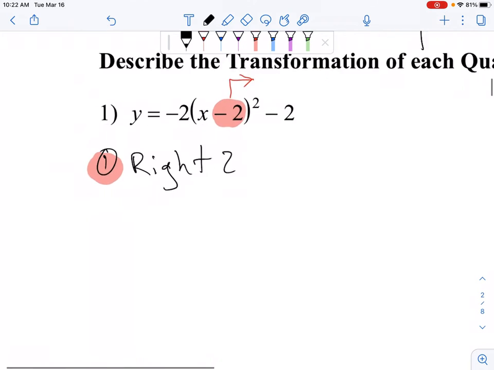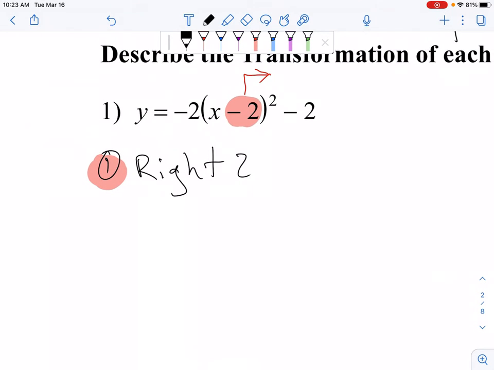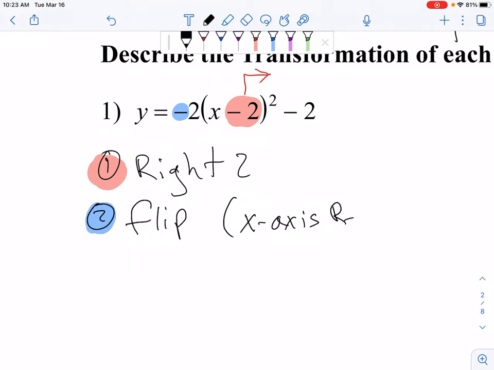The second transformation we'll list is this negative, and this negative is telling us that our whole parabola is going to flip over. It's really called an x-axis reflection, but to simplify that, it's a flip. It flips the whole thing over.